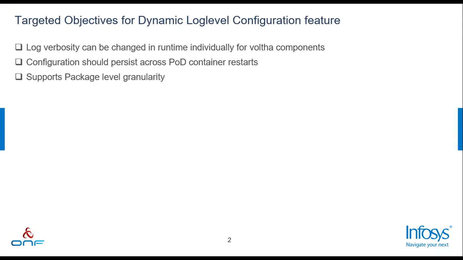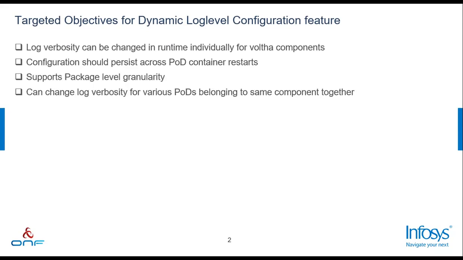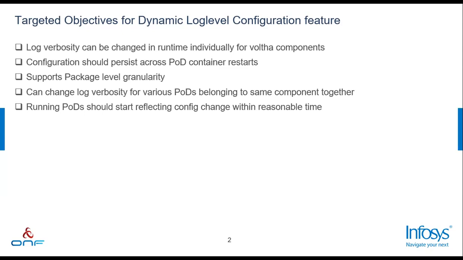Then we wanted to support package level granularity, which is standard, and the ability to set the log level for multiple components together. The running pods should start reflecting the change within a reasonable time, so there should not be a long delay once you change the log level configuration.